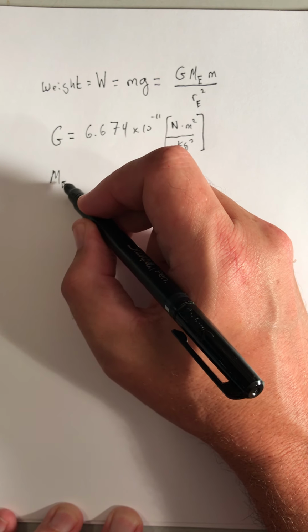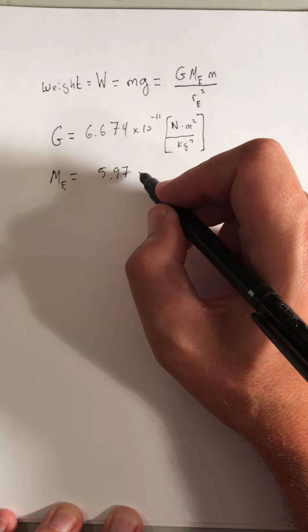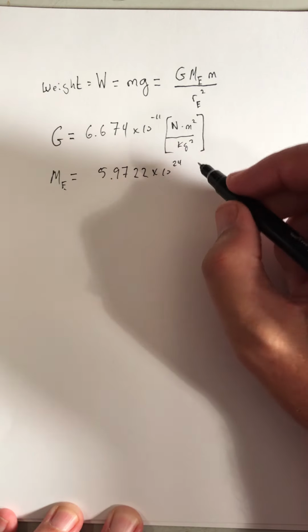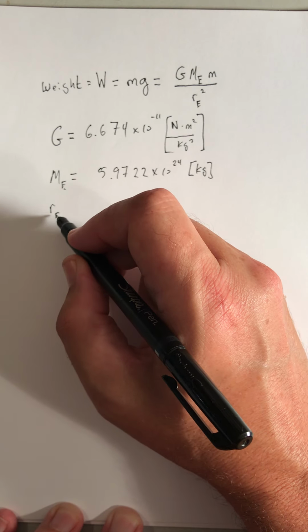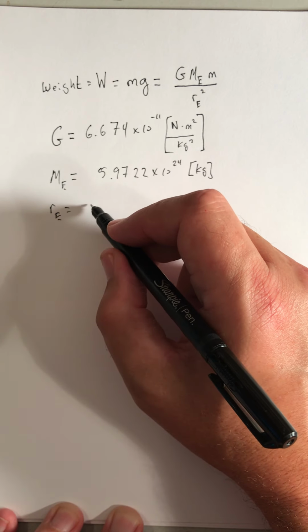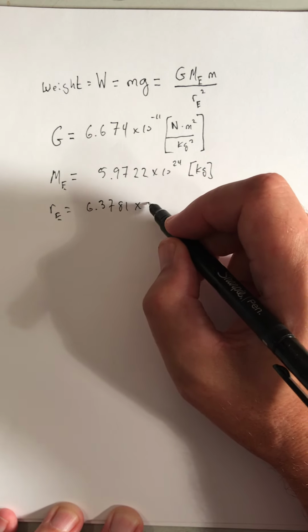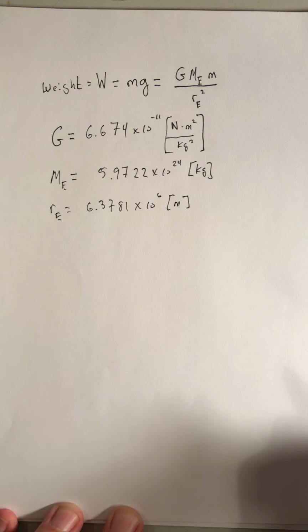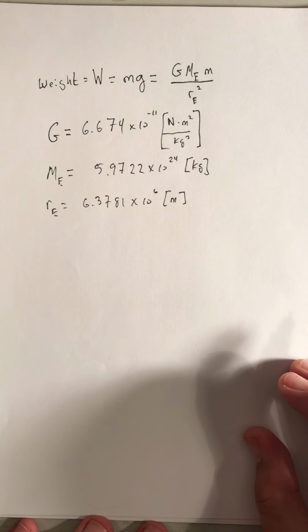Mass of the Earth, 5.9722 times 10 to the 24th in kilograms. And Earth's radius on average, 6.3781 times 10 to the 6th in meters. So 6,378 kilometers on average. And obviously, some places it's higher and some places it's lower.